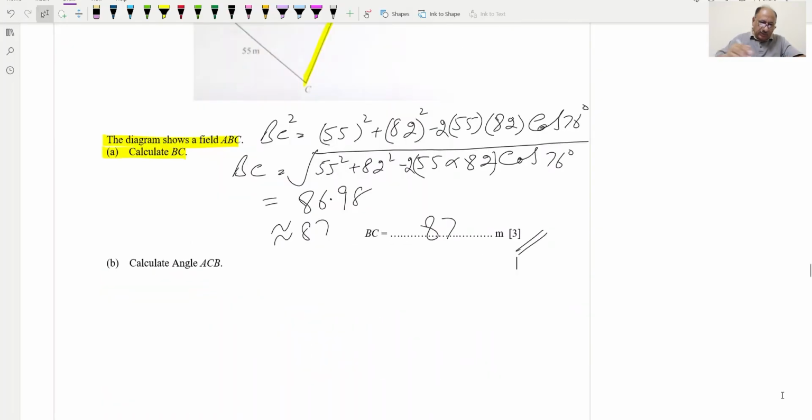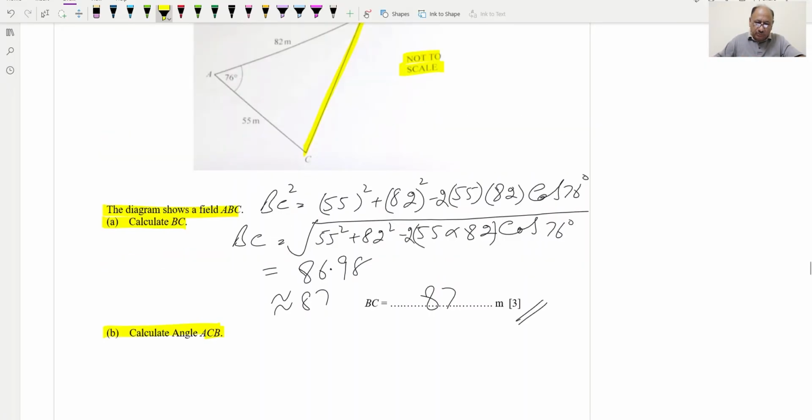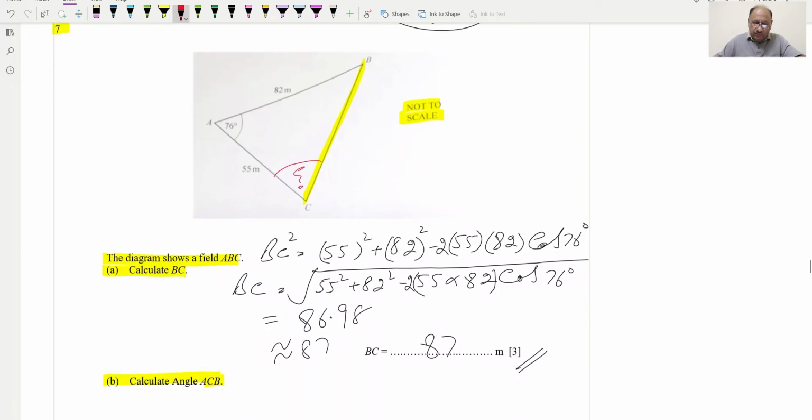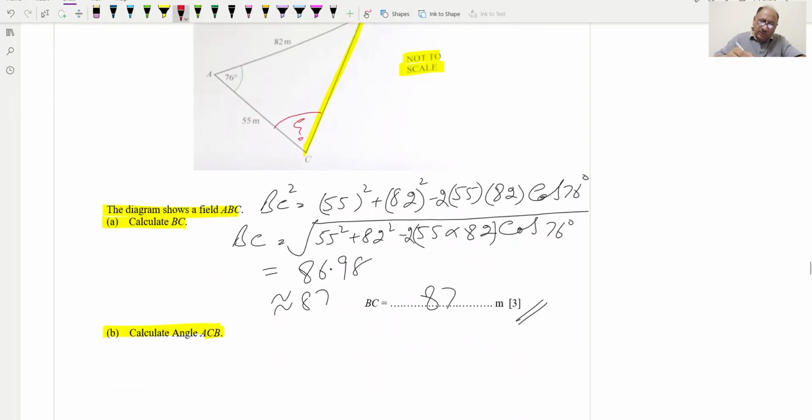Next they are saying calculate angle ACB. So ACB angle is which one, which we need to identify. ACB angle is this one, and this angle is required, so we will be applying sine rule. This side we got as 87.